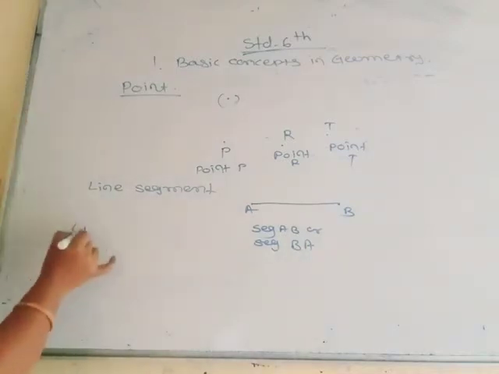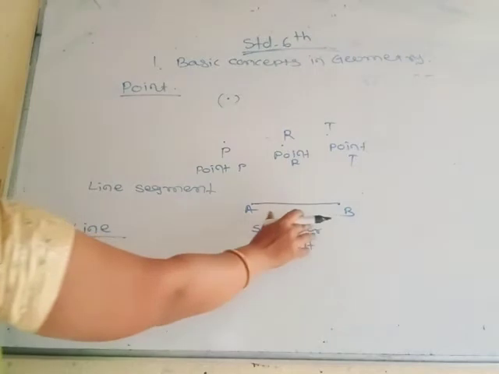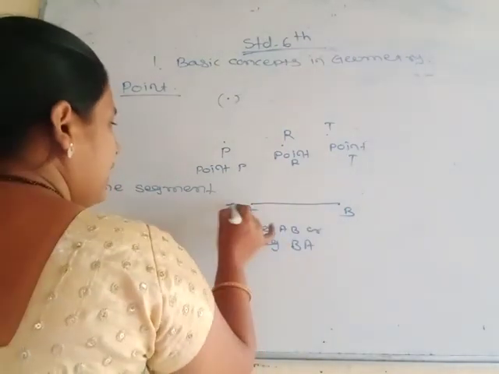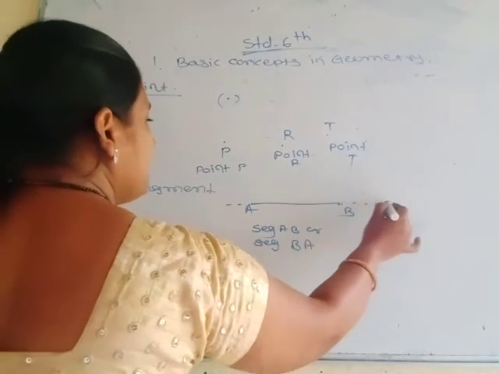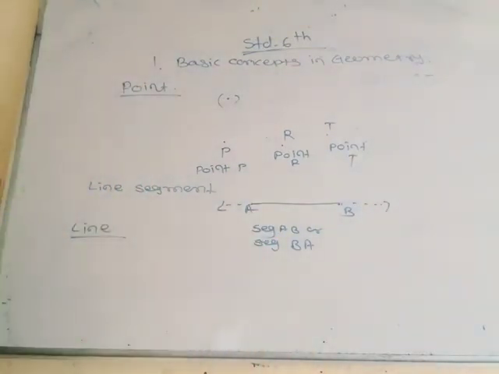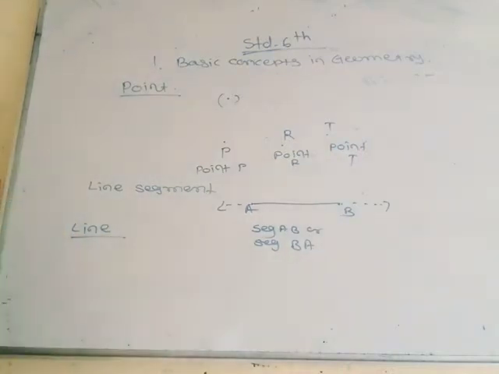Then the third concept is line. If we extend this line segment endlessly on both sides, we get a line. A line is a straight line. The line L is shown in the figure.